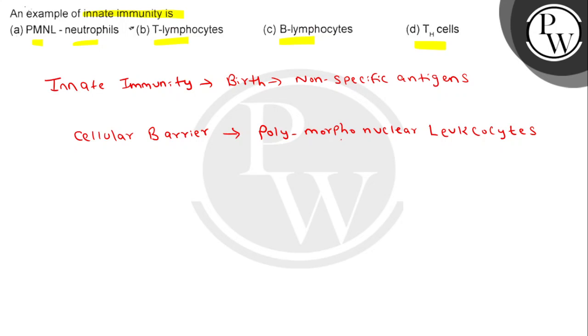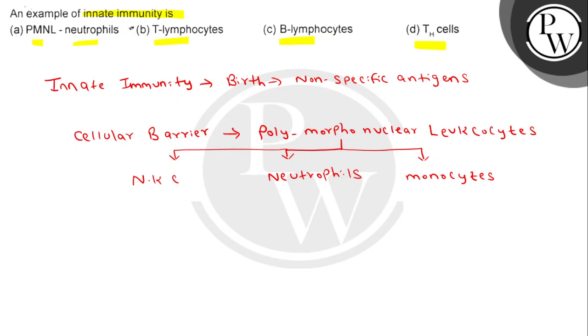Now the cells present in the cellular barrier are your neutrophils, monocytes, and natural killer cells.